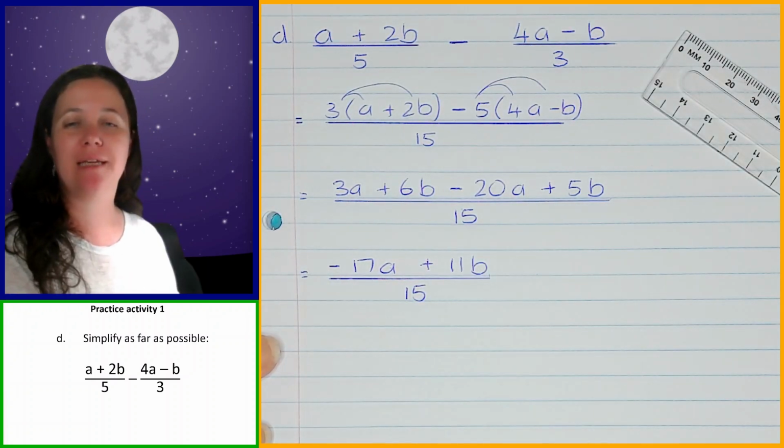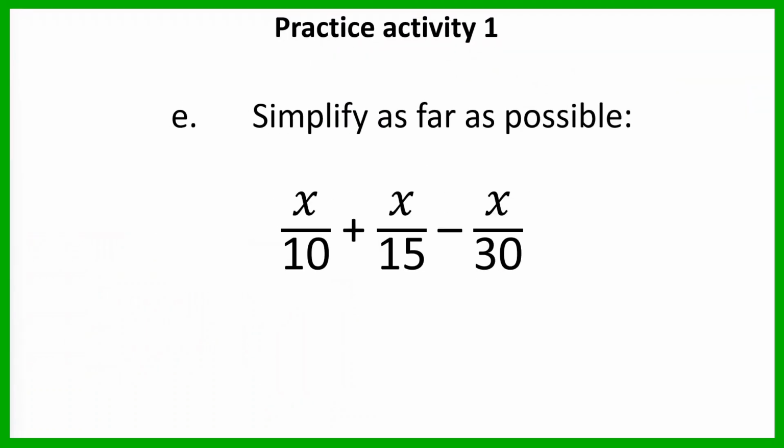Now let's go on to question E. In question E, you've got x over 10 plus x over 15 minus x over 30. I'm going to give you 1 minute for this question as well.